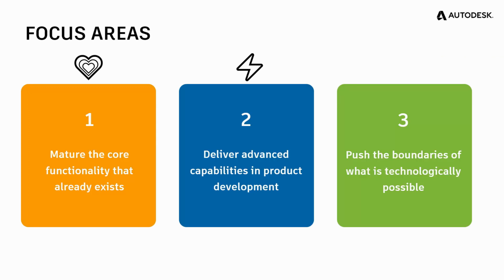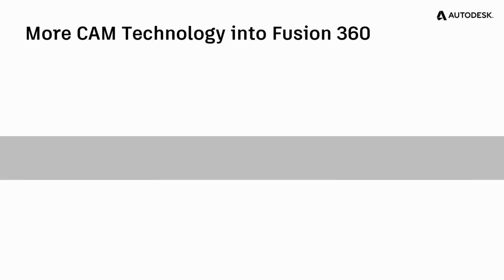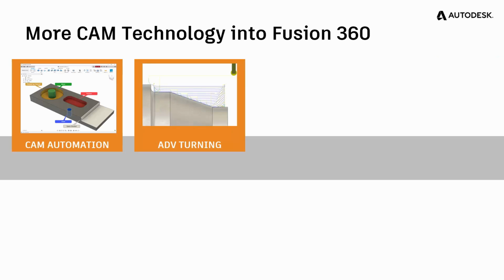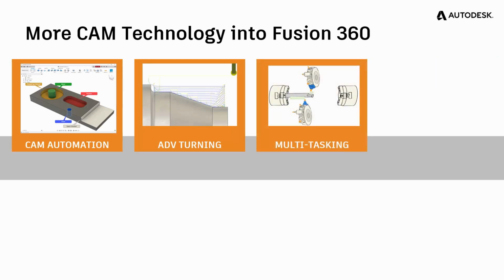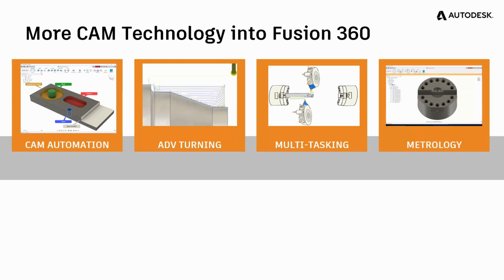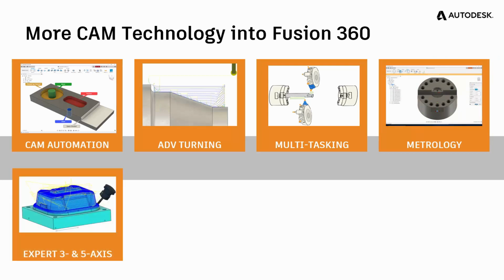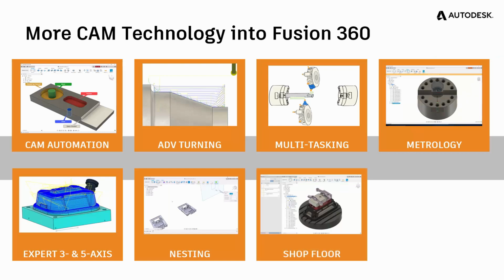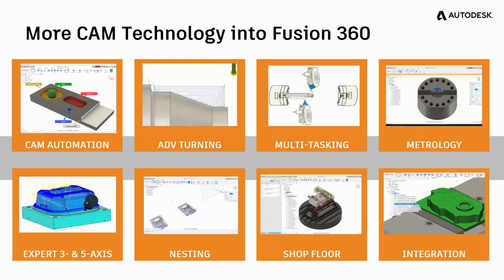And so whether it be CAM automation from FeatureCAM, advanced turning functionality and multitasking from PartMaker, metrology and reporting functionality that originated from PowerInspect, expert 3 and 5 axis CAM capabilities inspired by PowerMill, fabrication and nesting functionality that originated from our TruNest products, shop floor management tools that are inspired by our Fusion production tools, or better integrated CAD and CAM tools inspired by Fusion 360 and Inventor.